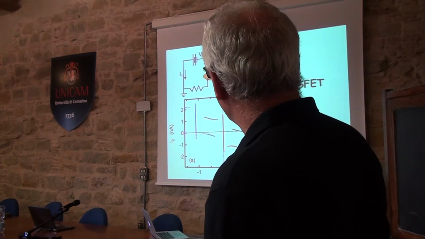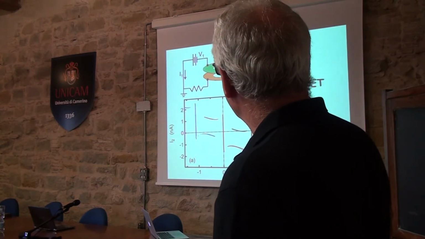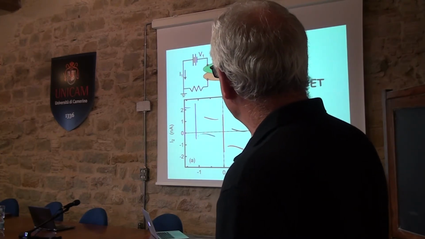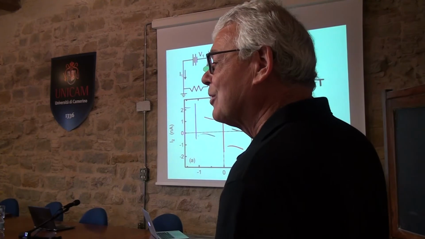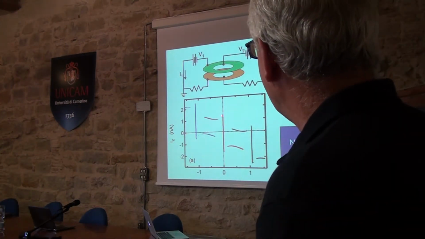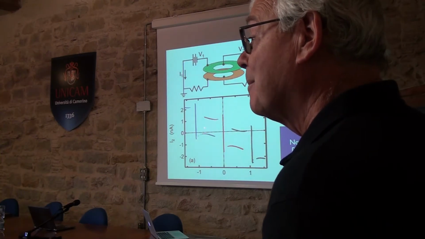So since this is an insulator, and there's current flowing on the inside being driven by a bias voltage, why should anything happen on the outside? And nothing does happen until the order parameter becomes time dependent.